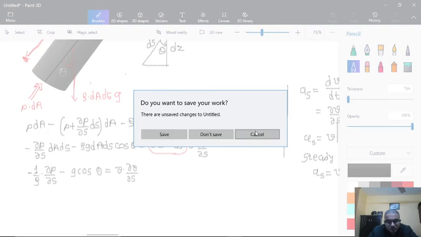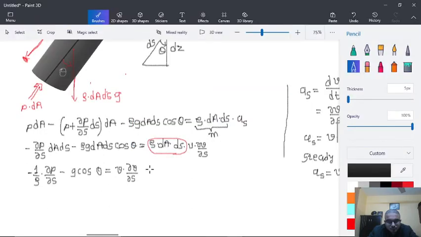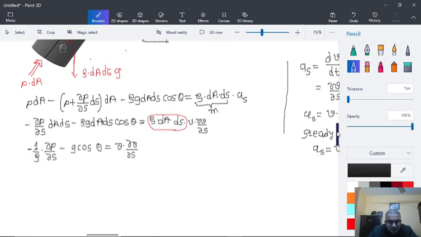Now we can write this all together, that is 1 upon rho del p over del s plus g cos theta plus v into del v over del s is equal to 0.